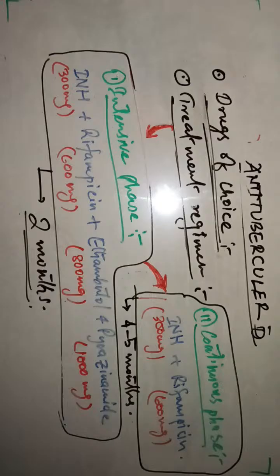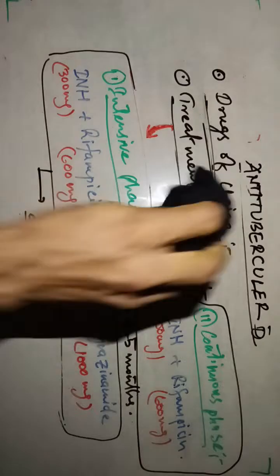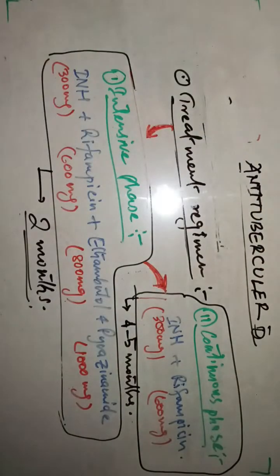Now we are going towards the first line of drugs. So what are the first line drugs? Isoniazid, rifampicin, pyrazinamide and ethambutol. We will see each one of the drugs individually, step by step.